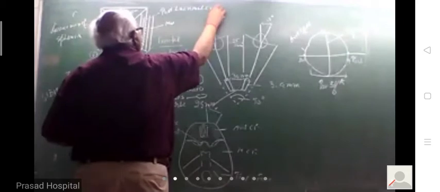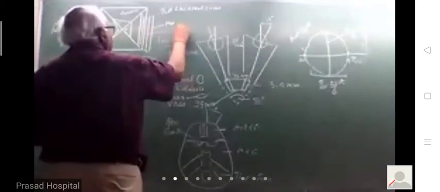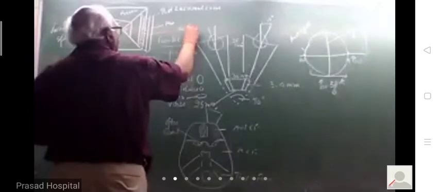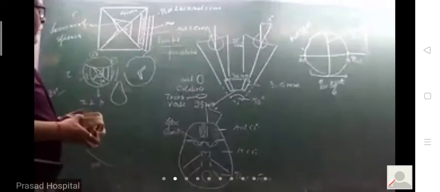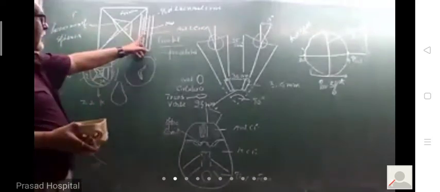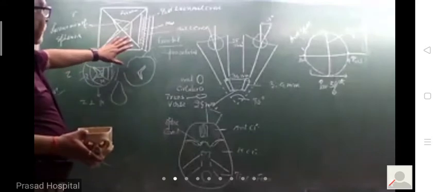I'll tell you why I am telling you. This is the anterior lacrimal. So what I'm going to tell you about is the walls of the orbit.